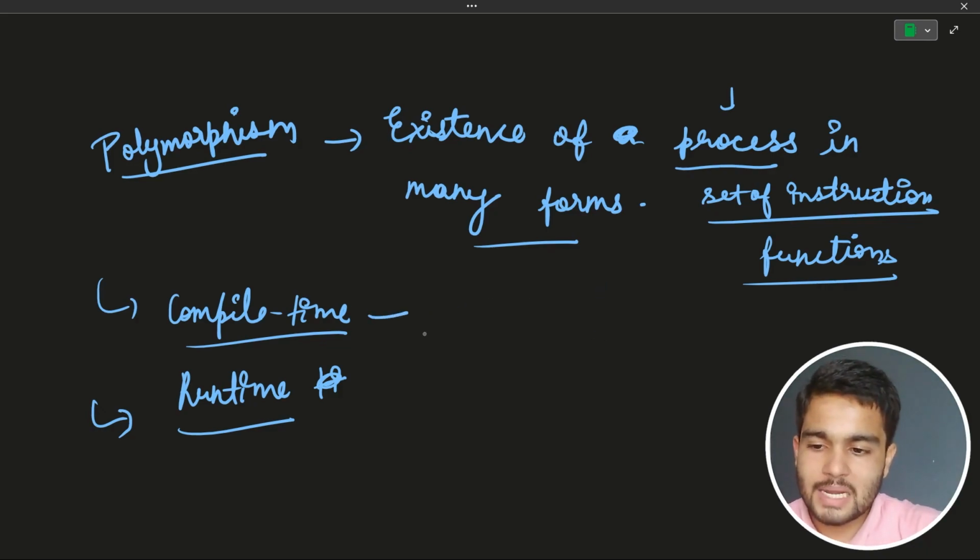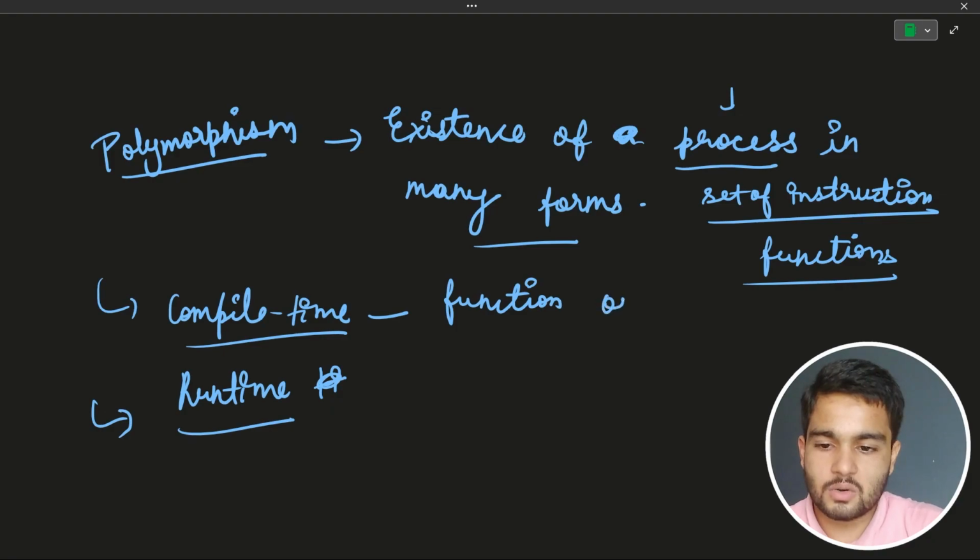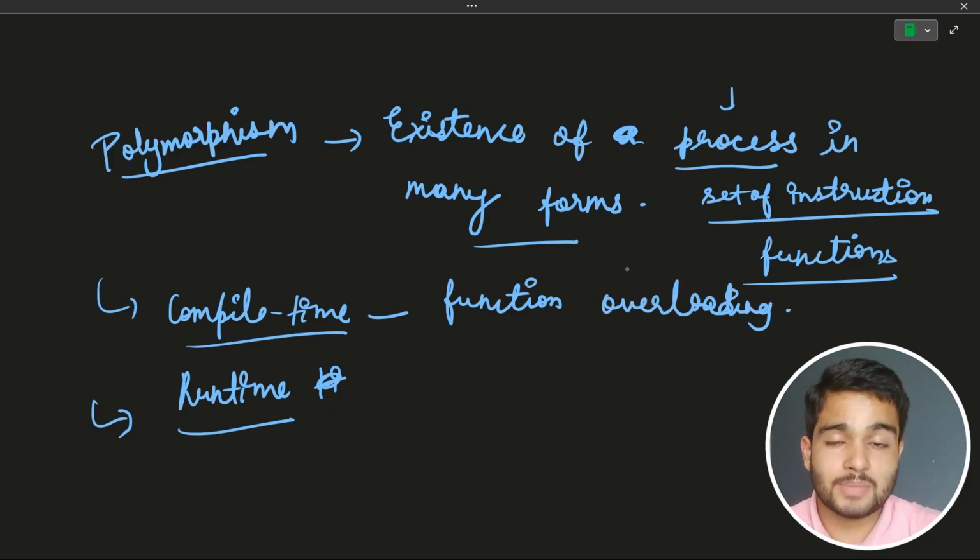Compile time polymorphism can be achieved through function overloading. If you have some background from C, C++ or Java-like programming languages, then you will definitely know these things like function overloading and function overriding. I hope it is clear; I will tell you this, don't worry about it.